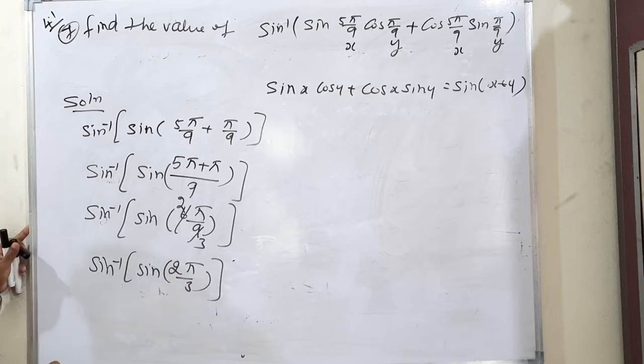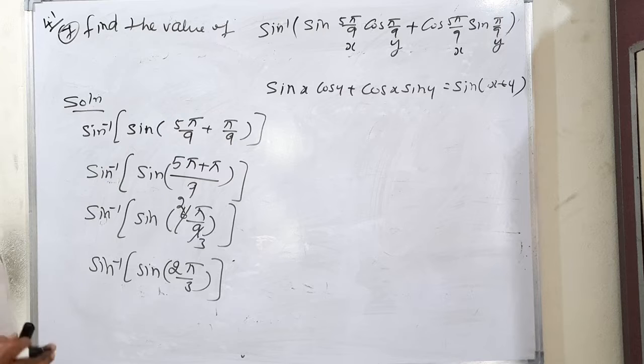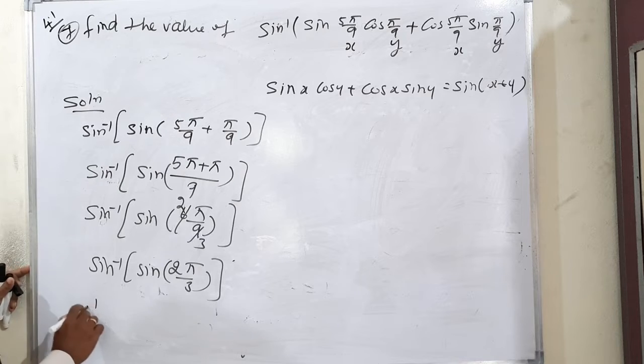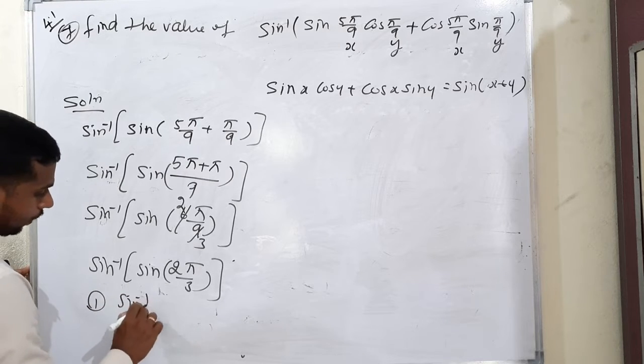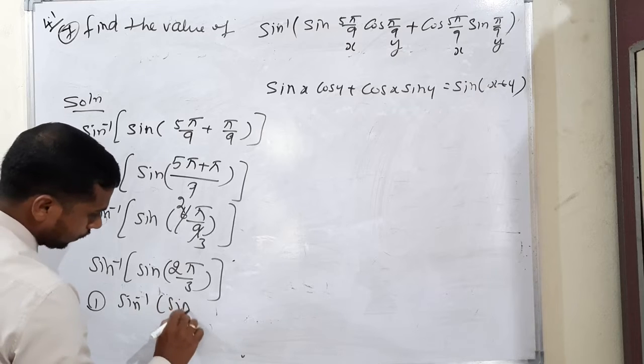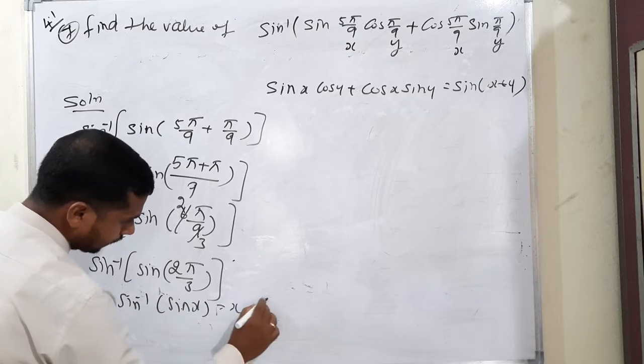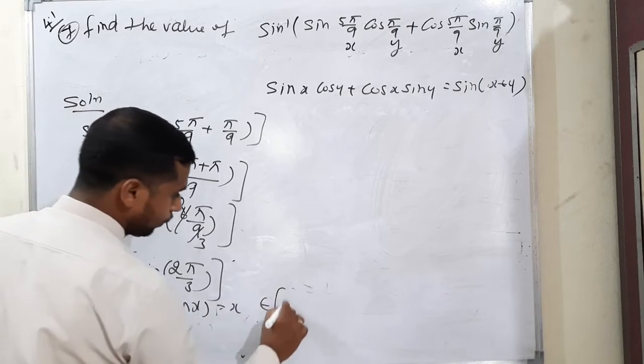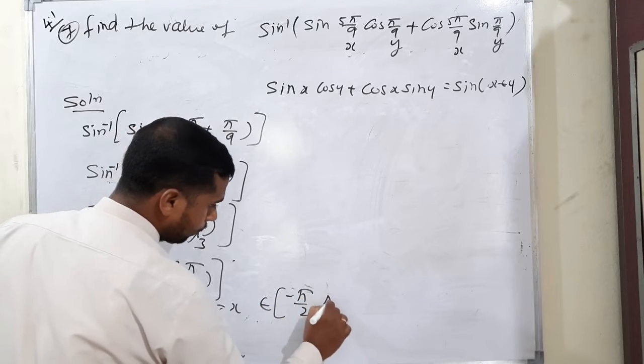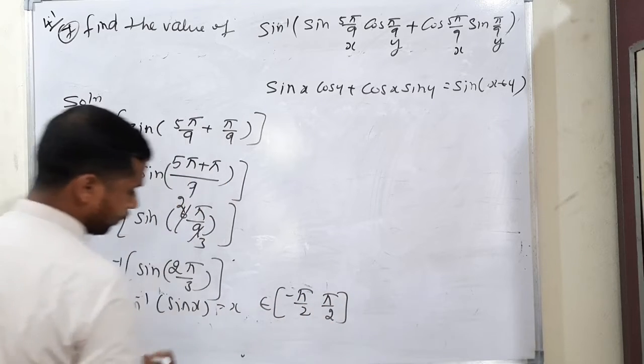So for sine inverse of sin x, we have two different properties. Property number 1: sine inverse of sin x is equal to x when x belongs to negative pi by 2 to positive pi by 2.